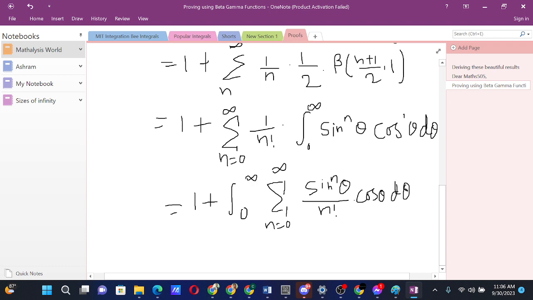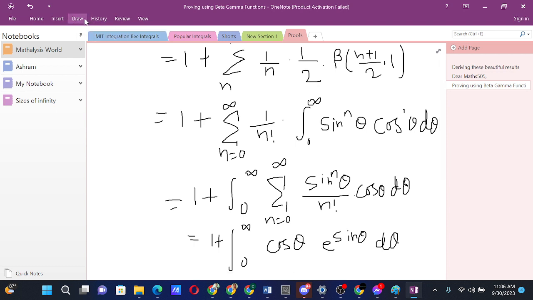Now cos theta is just constant for this sum, so I can take it out, and the remaining thing is just the summation from t equals 0 to infinity of x to the power t by t factorial, which is e to the power x. So this is e to the power sine theta d theta.